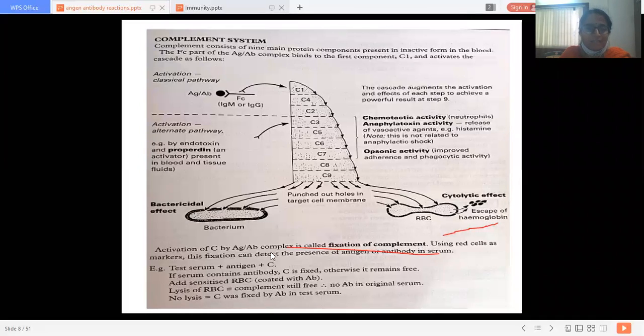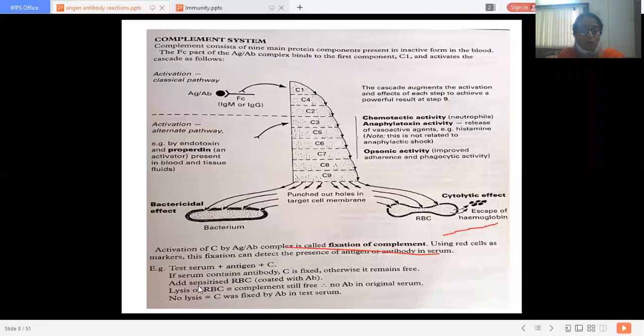Using red cells as markers, this fixation can detect the presence of antigen or antibody in the serum. For example, test serum plus antigen plus C. If the serum contains antibody, the C is fixed; otherwise it remains free. If the serum does not contain the antibody, then the C component remains free.